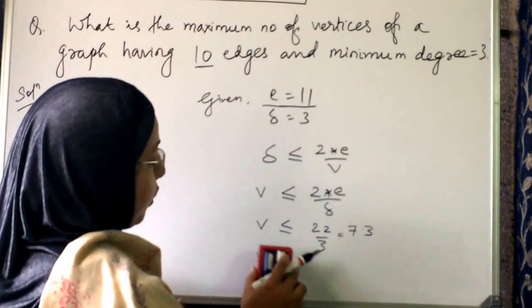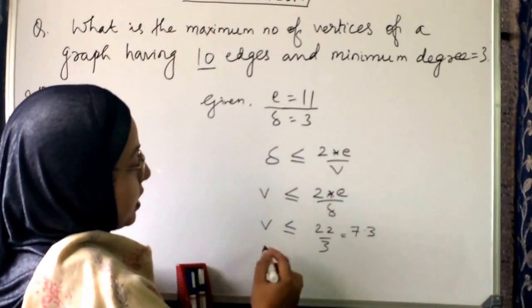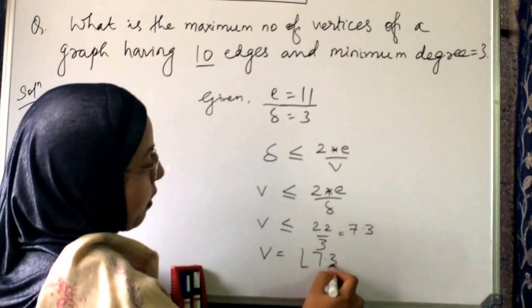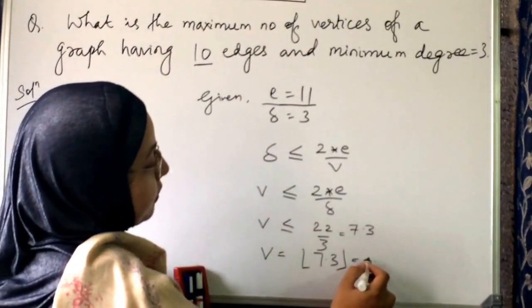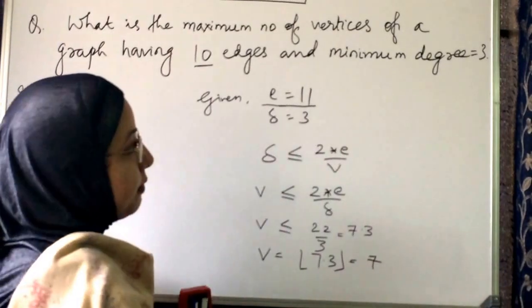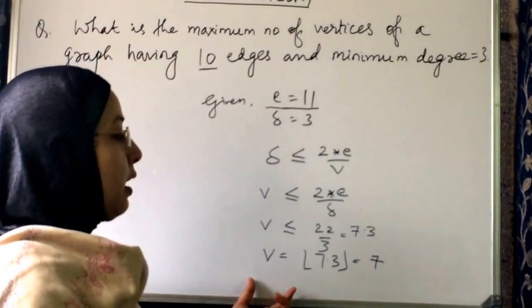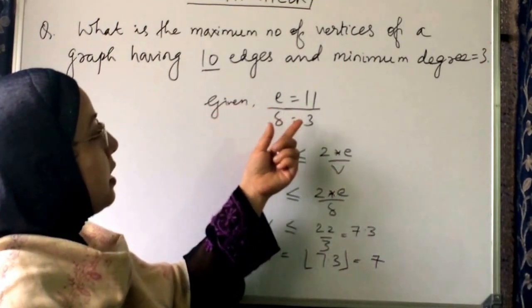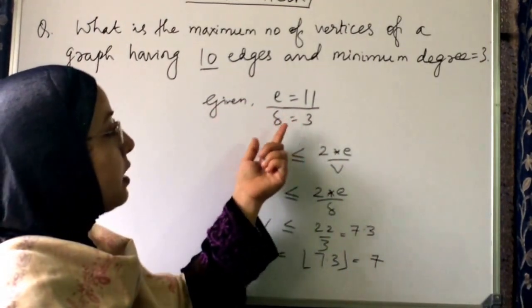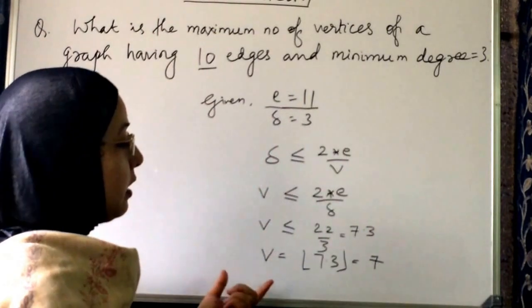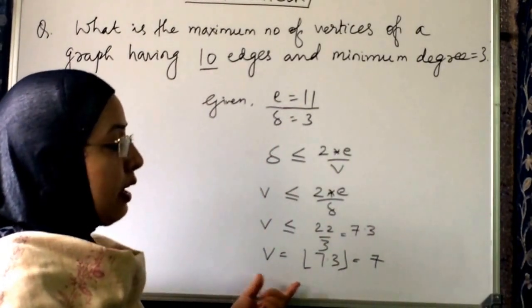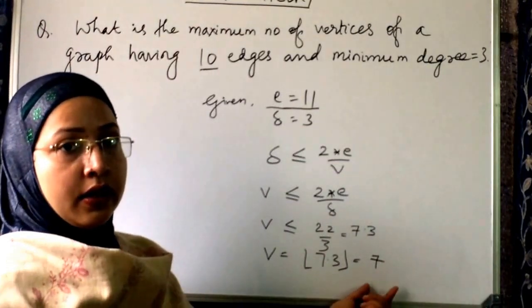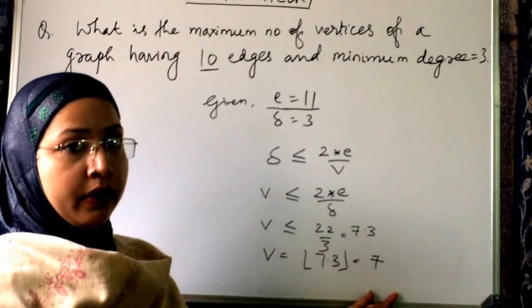Then what we can write here is v is equal to floor of 7.3, which will be equal to 7. So we can say that when the number of edges is 11 and the minimum degree is 3, then the maximum number of vertices we can have in the graph is 7. We cannot have more than this in the graph.